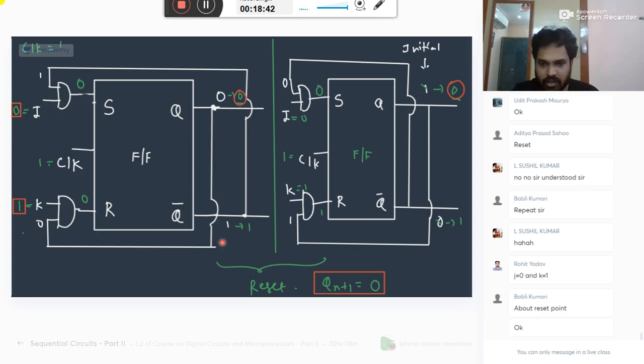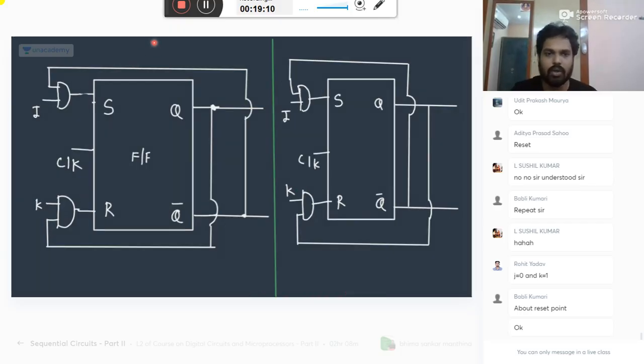So let's do it again, for J equal to 1, K equal to 0. Okay, listen.